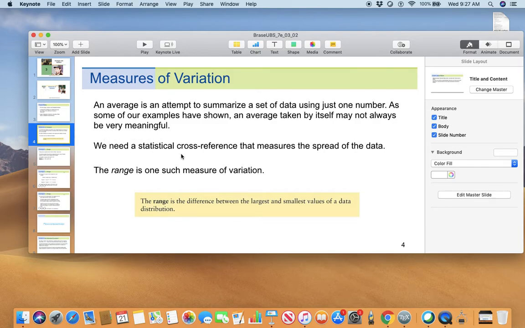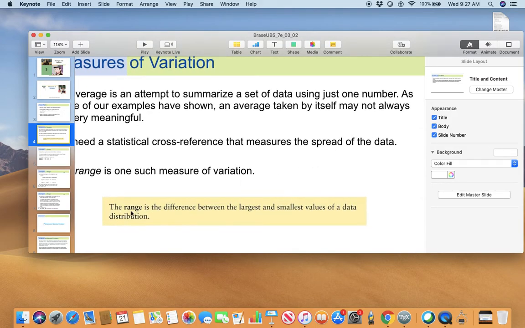We need a statistical cross-reference that measures the spread of data. That's what measures of variation try to address: the spread of data. The range is one such measure of variation. Range is the difference between the largest and smallest values of a data distribution.